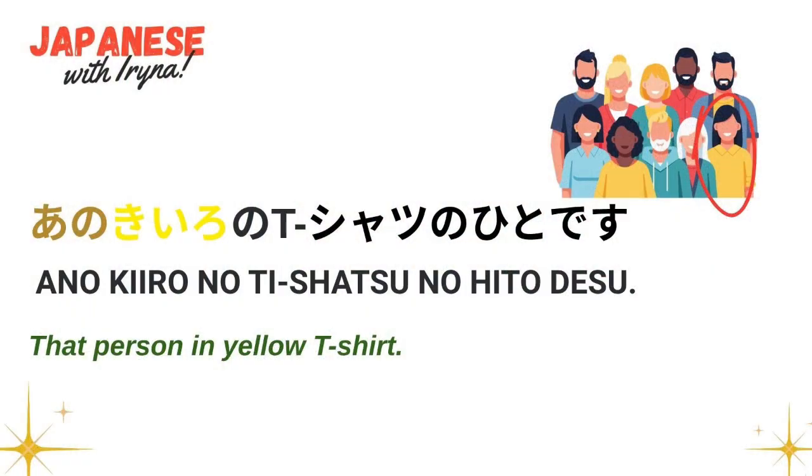And then we can say, 黄色の T シャツの人です. That person in the yellow T-shirt. So that indicates that that very person in that yellow T-shirt is this Yamada-san, yeah.